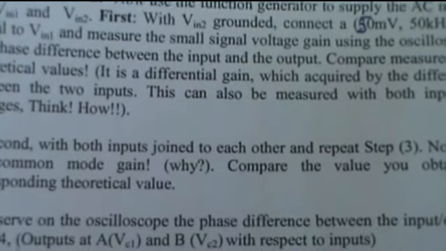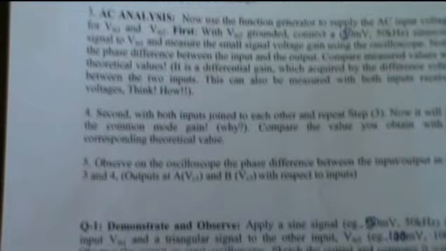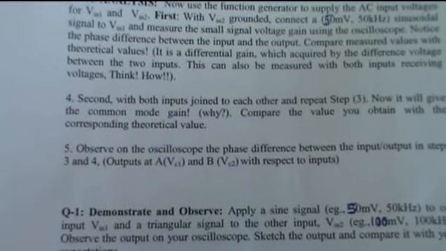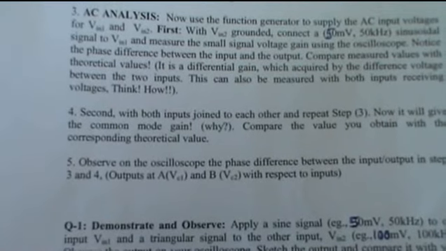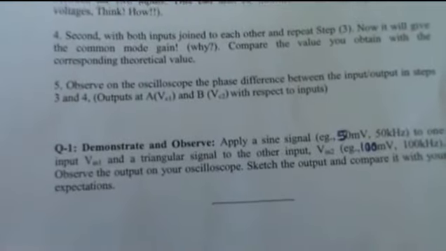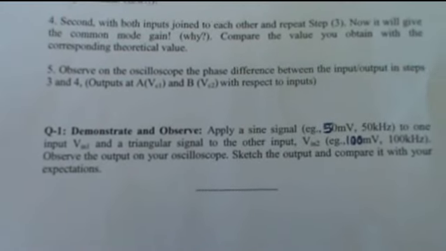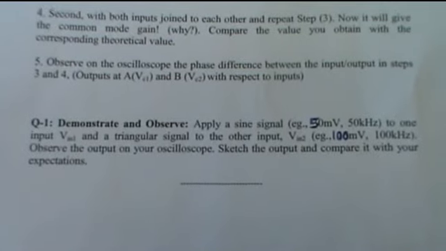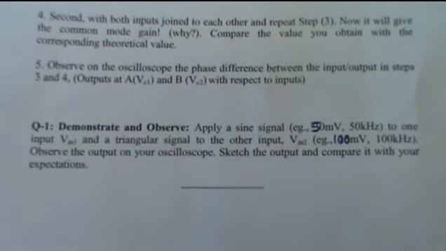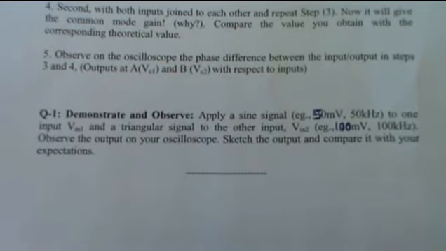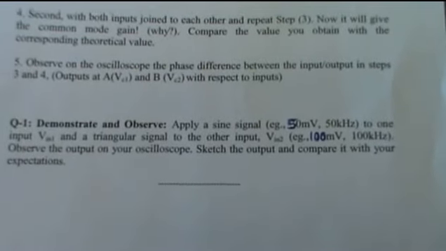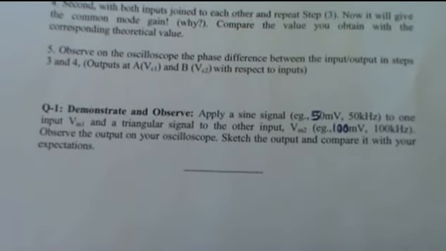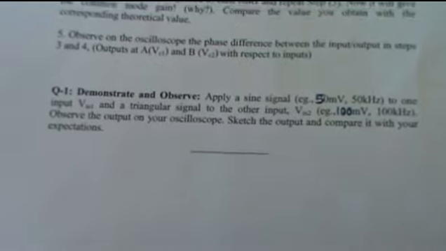After completing the AC analysis part, make the observation table which compares the theoretical and practical values for both AC and DC analysis. At the end, we can also observe one of the phenomena of the differential amplifier, by which on one input we can select a sine wave and on another input a triangular wave with some definite amplitude and frequency, observe the output waveforms on the oscilloscope and make the conclusion based on the observations.